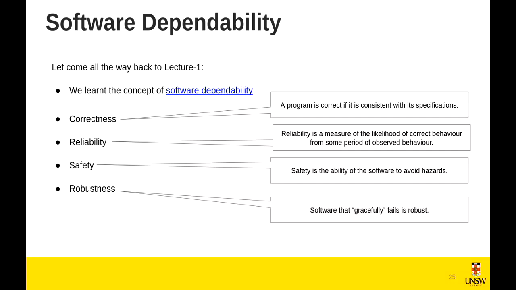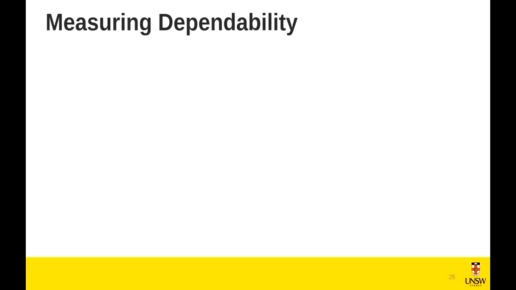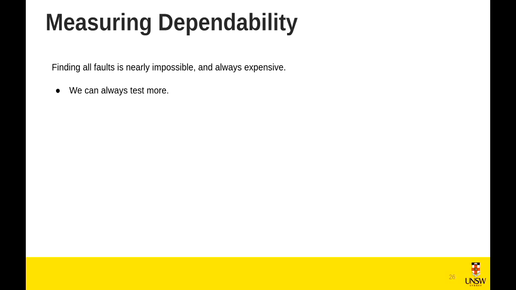So we have all these dependability characteristics or metrics to use here. But in lecture 1 we only learned about the concepts. We didn't learn how to measure dependability. Let's think about how we can measure it step by step.